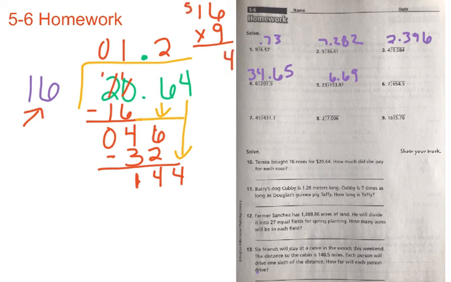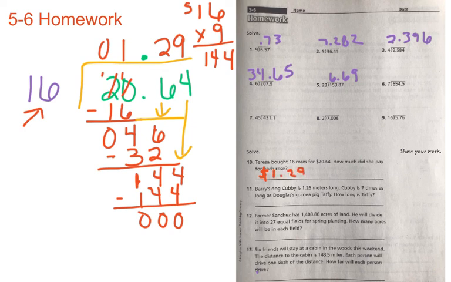Put down your 4, carry your 5. 9 times 1 is equal to 9, plus 5 is equal to 14. And yes, it's exactly 9. So 144 minus 144 is 0. It's telling me that each rose cost $1.29. We have to make sure we use our dollar sign, and it's $1.29.